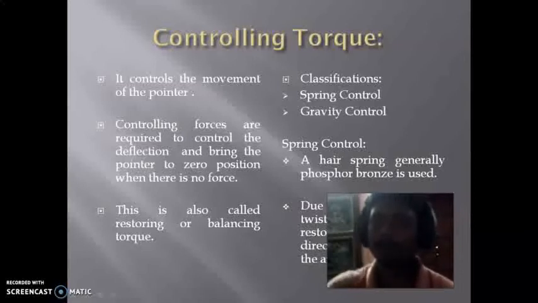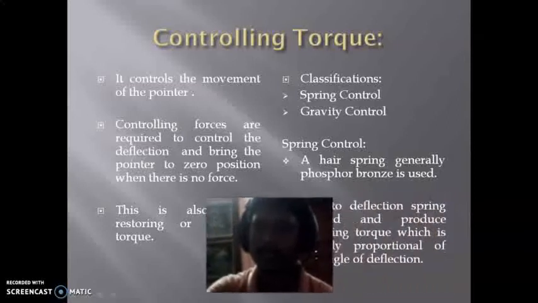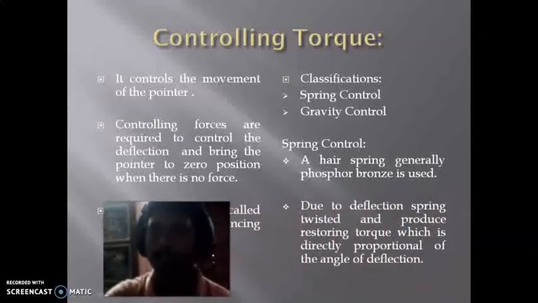First I'm just going to discuss the spring control system by which the controlling torque can be made. Generally a phosphor bronze material is used to form the hairspring, and it has some characteristics. Due to that we actually choose the phosphor bronze. In the next slide I will discuss the characteristics of this phosphor bronze material.